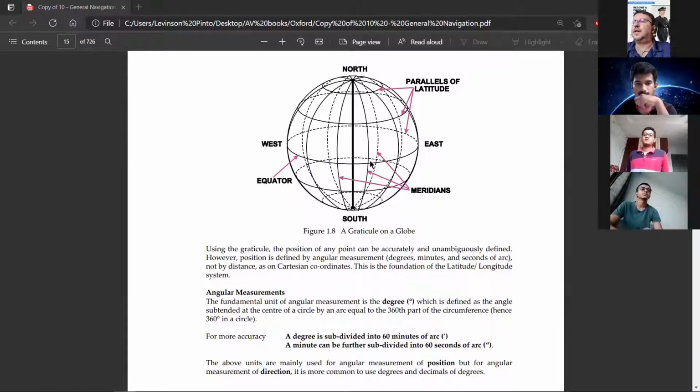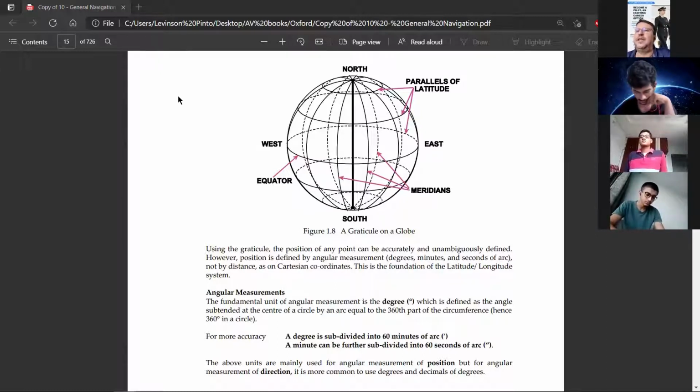The meridians are coming from north to south, and the parallels and the equator are coming from east to west. So once you interpret this, you can have very clear situational awareness, and you can start to navigate. Once you start to navigate, it's because you know where you are and where you are going.